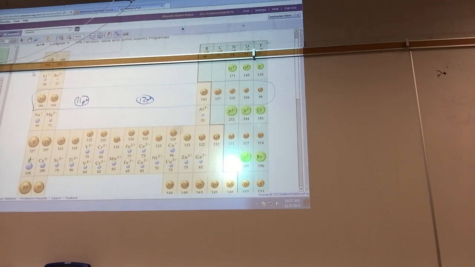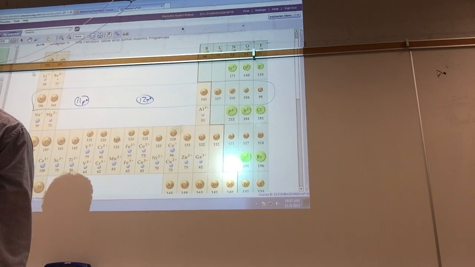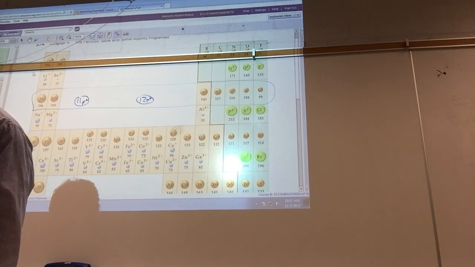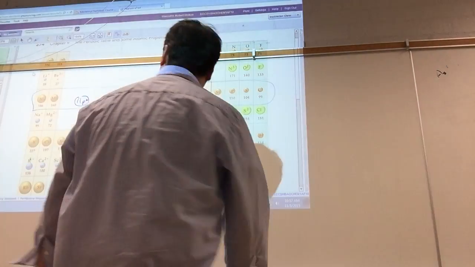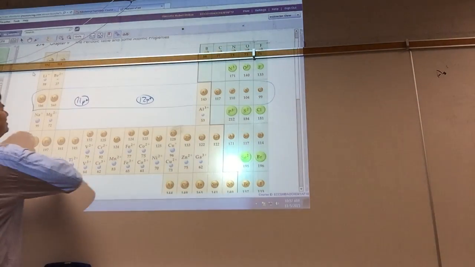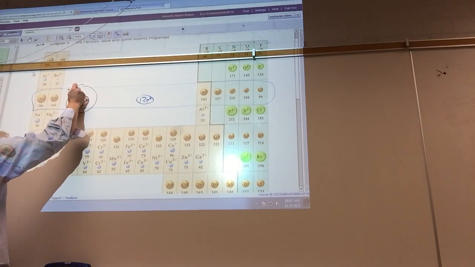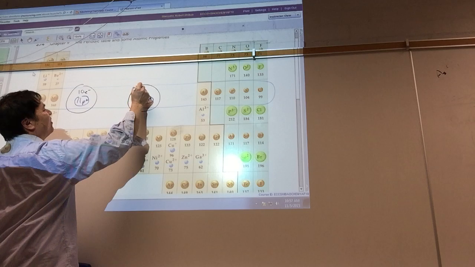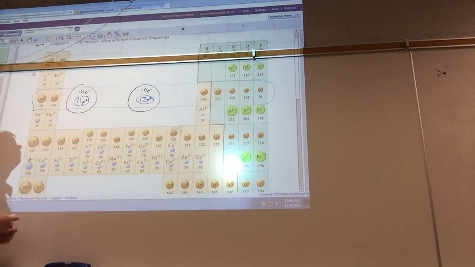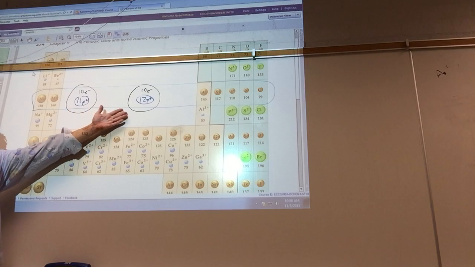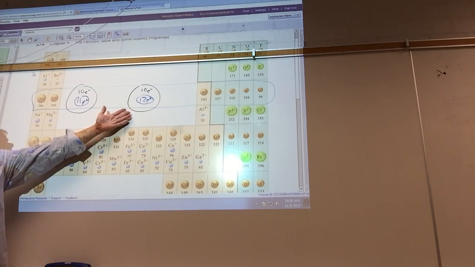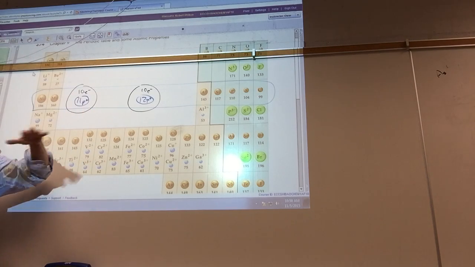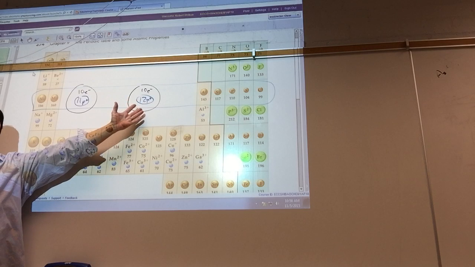How many electrons do they have? Well, sodium has the neon core, which is 10 electrons. Magnesium has the same thing, the neon core with 10 electrons. Right off, we see that the orbitals in magnesium are smaller because the core orbitals are all smaller.